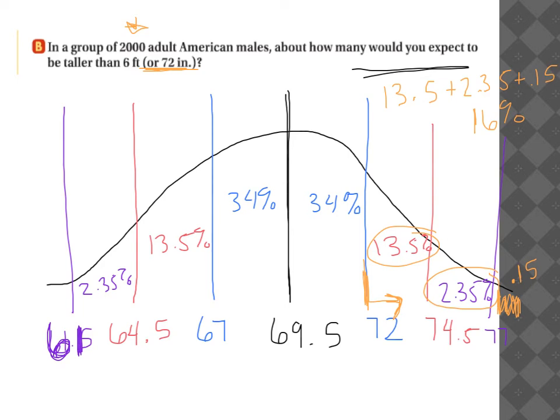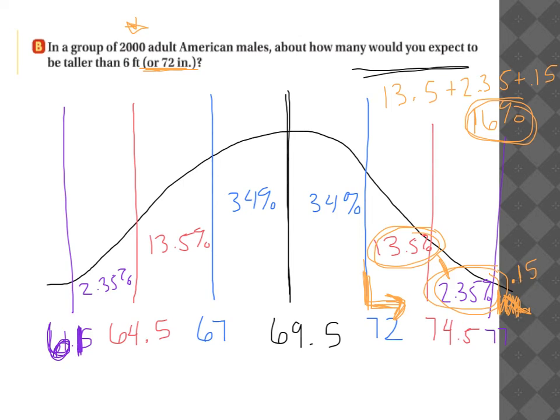First, I'm looking for greater than 72, so any number on the right-hand side greater than 72. So I have the 13.5, I have the 2.35, and the very little small end tail is 0.15. Or you could add up these two and just round up, because I still have to include this very small amount of tail. So I got 16%. But it's actually asking how many males in a group of 2,000 would be greater than 72 inches.